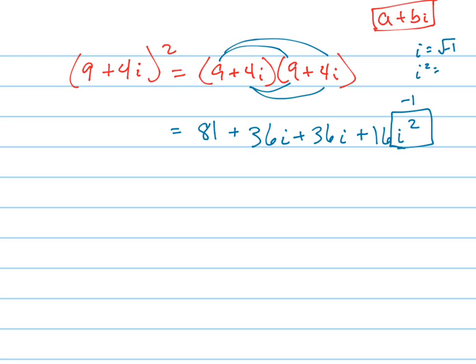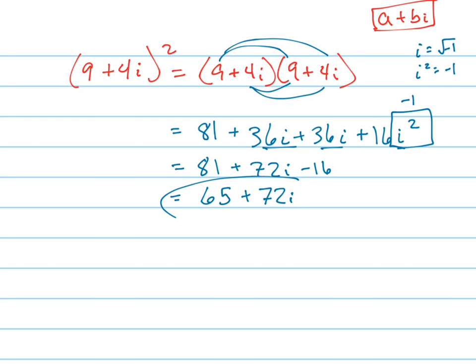So i squared equals that squared, etc. So this just equals 81 plus 72i, because those are like terms, right? Minus 16. And that equals what? 65 plus 72i. That's what this equals in standard form.